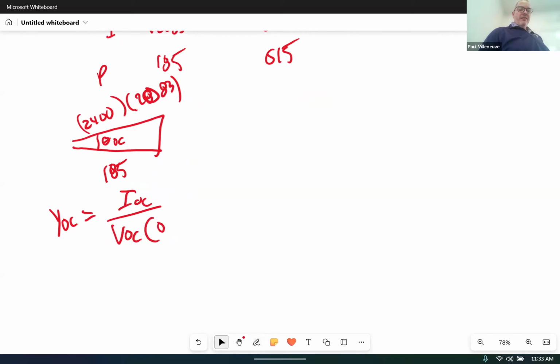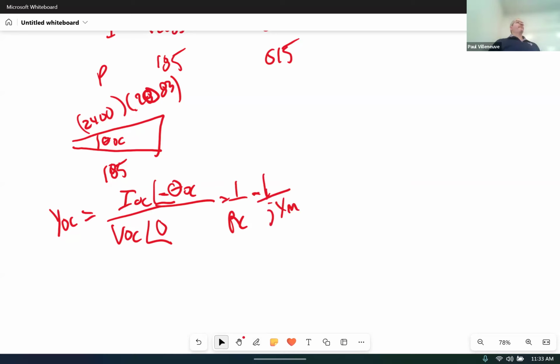Remember, this is at an angle of 0. This is the negative theta open circuit, and that's going to be equal to 1 over RC minus 1 over JXM.